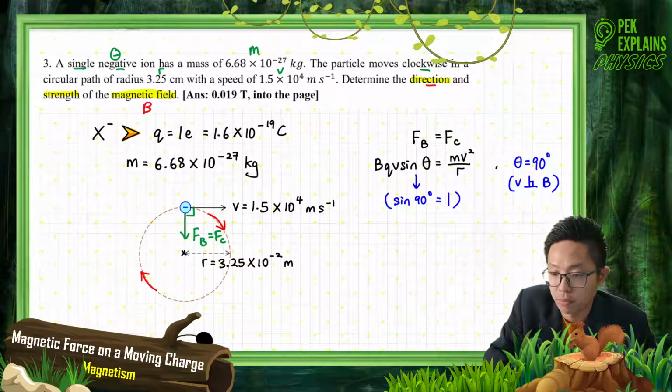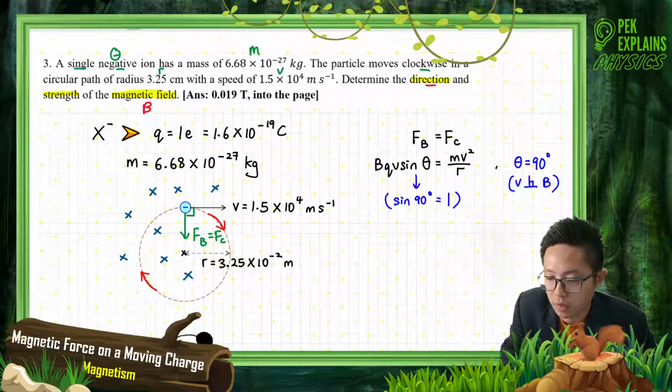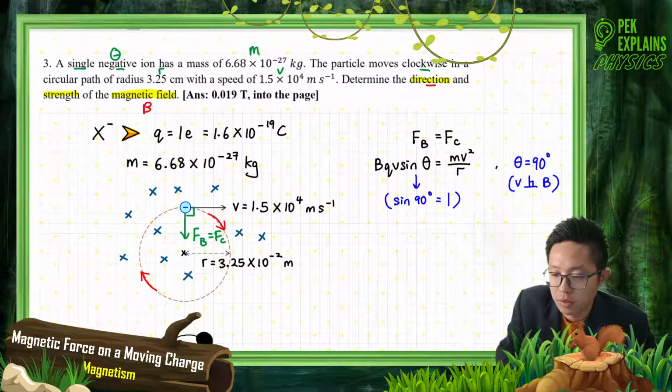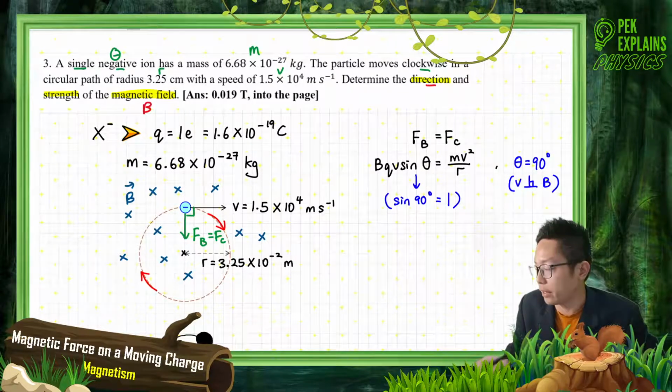Let me use the blue one. Magnetic field goes into the page. So now I've got the direction already.